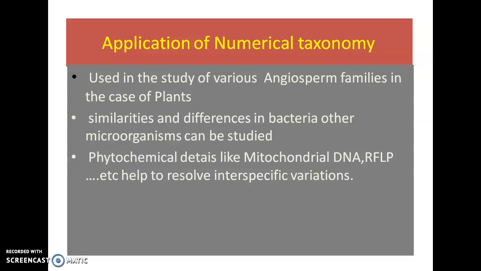If we are considering the classification of plants, many phytochemical details like mitochondrial DNA, RFLP, etc. are used for solving specific variation. So in the case of numerical taxonomy, these kinds of details can be taken for the analysis and classification of organisms.